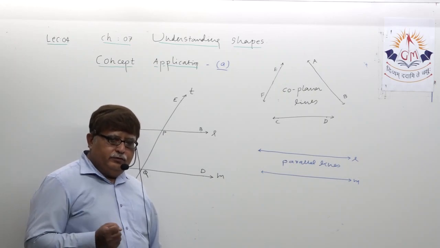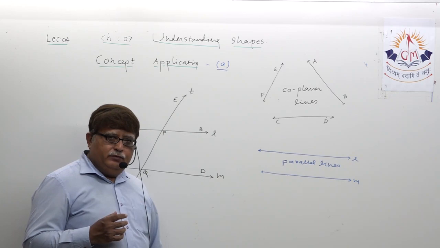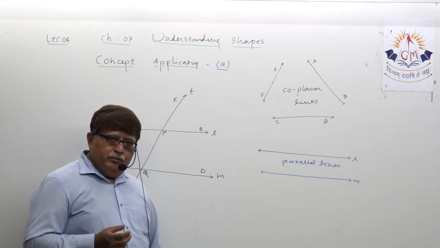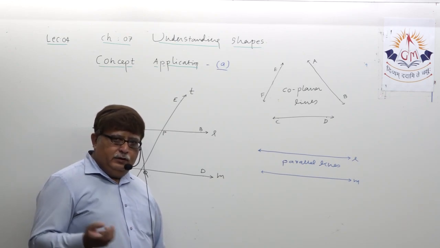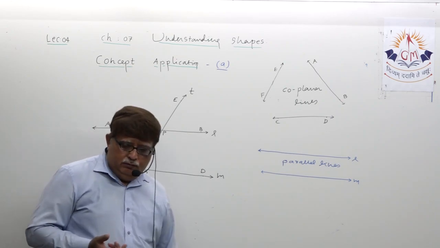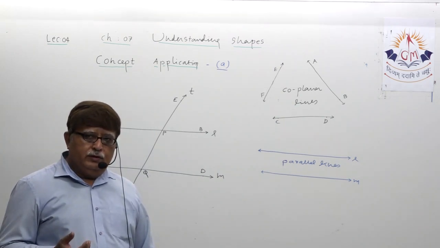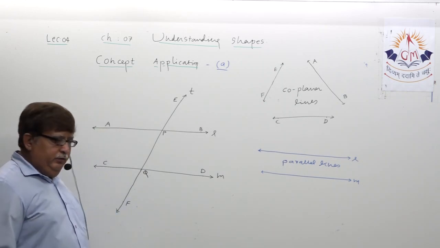But because in our textbook there are some theorems which involve such terminology, such words, like, take an example, alternate angle. If you do not have any knowledge of what the meaning of alternate angle actually is, that's why we are explaining this topic.